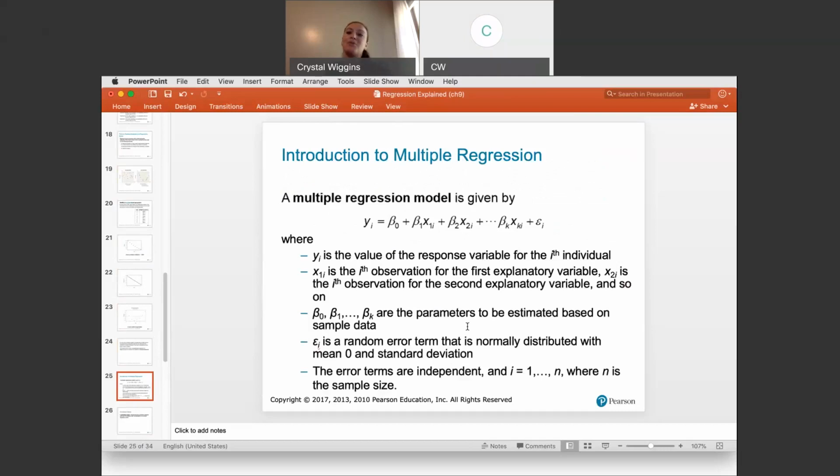Introduction to multiple regression. Now we're starting to talk about regression lines, but with multiple variables. In many data sets, it is not just one input and one output. Several factors contribute to the result of an output. In this example, we are looking at essentially an initial point, an error, and all of your variables and their slopes.